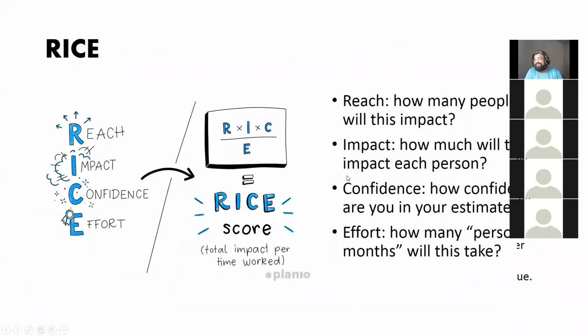Now the next one is RICE. Okay, RICE is very new. It's not new, it's just not been used that much. This is also the same model as priority scorecard or WSJF, but in a different way. Here it is about, if I do this feature, what is my reach, which is nothing but your opportunity enablement, to be frank. What is the impact that we are bringing to the end user?